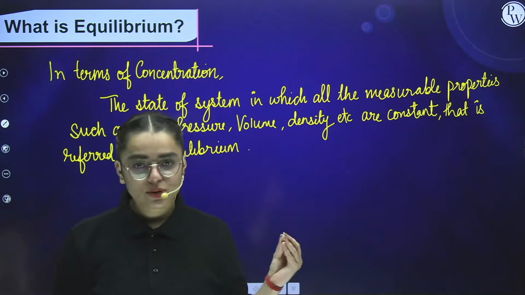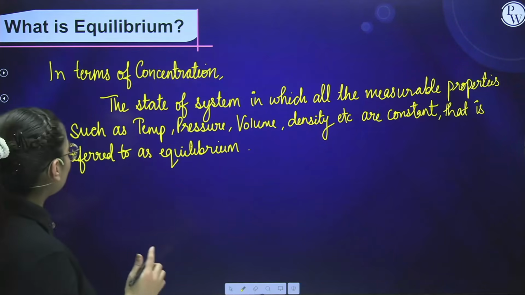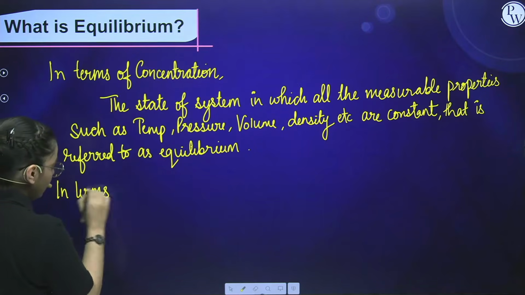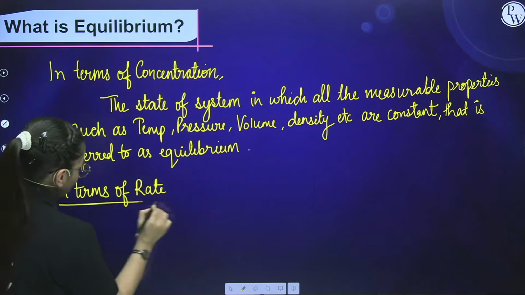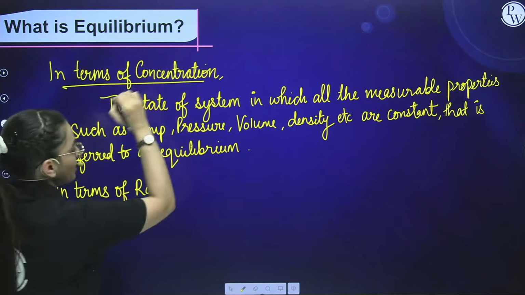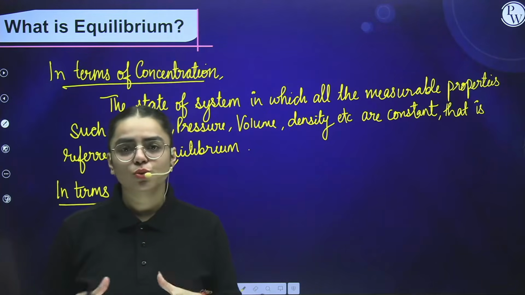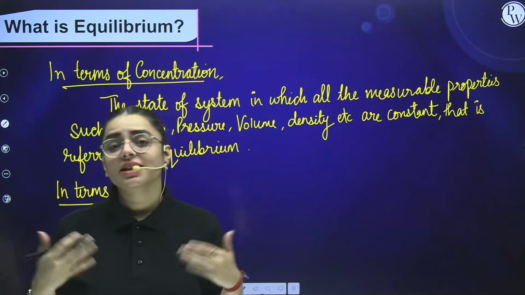As I told you, there are two terms: one is the concentration, another one is the rate. So now we are going to write in terms of rate. When the rate of forward reaction is equivalent to the rate of the backward reaction, that state is referred to as an equilibrium state.